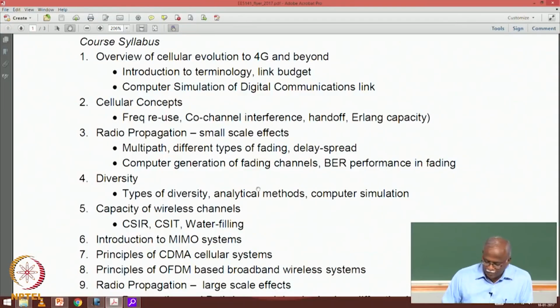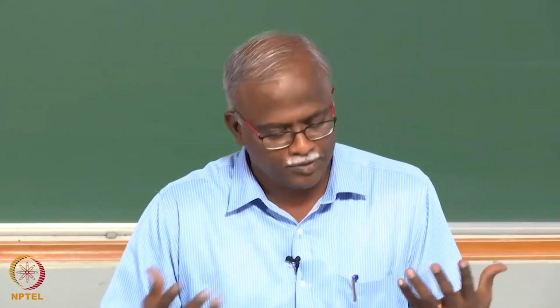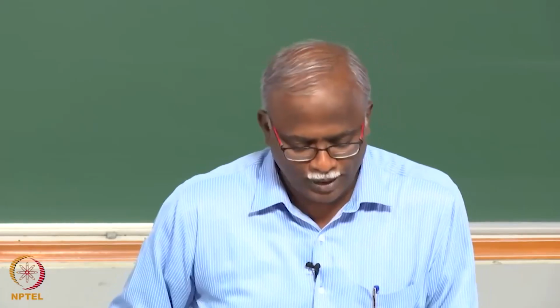One of the things that we will find in the context of the wireless system is that having multiple antennas is a significant advantage. One, it tells us that we can have the feature called diversity. It also helps us in terms of the capacity, how we can improve the capacity of a system. So diversity and capacity sort of go hand in hand.